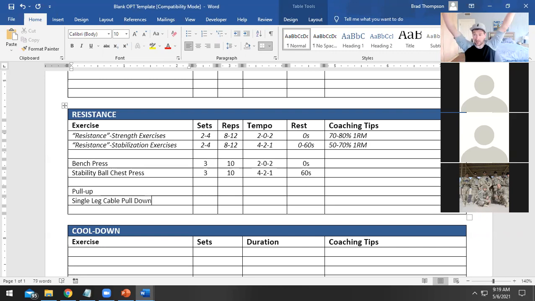So they're standing on one leg, they've got cables overhead, they're going to pull very similarly to that pull-up. So again, 3-3, 10-10, 2-0-2, 4-2-1, 0 seconds rest, 60 seconds rest, right? So that's how we're going to pair these up. It's the superset technique, but it's always for the same body parts, and it is always strength first, stabilization second.